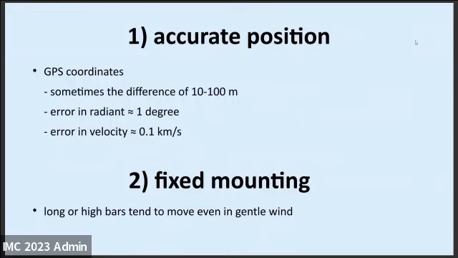This can cause an error in the radiant on the order of 1 degree or a couple of degrees, and an error in the initial velocity of a couple of tenths of kilometers per second. So it's a problem, and during the calculation of the meteor we can see this problem.